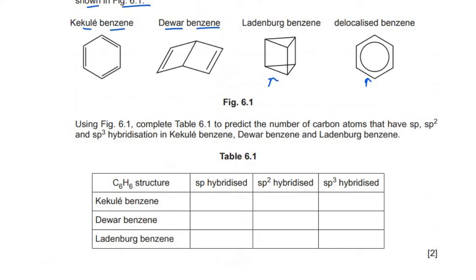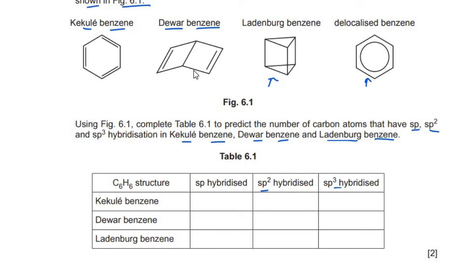Okay. Now the question is, using figure 6.1, complete table 6.1 to predict the number of carbon atoms that have sp, sp2 and sp3 hybridization in Kekule benzene, Dewar benzene and the Ladenburg benzene. C6H6 structures are these: sp hybridized, sp2 hybridized and sp3 hybridized.